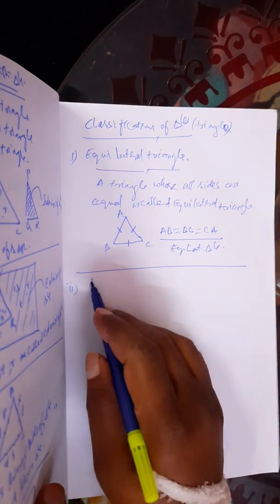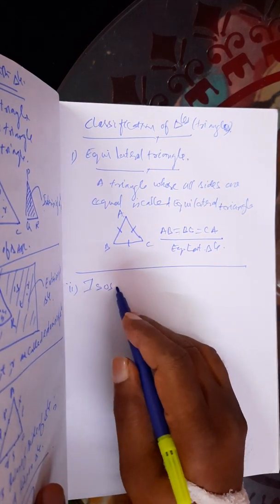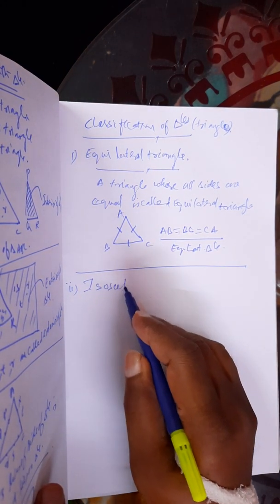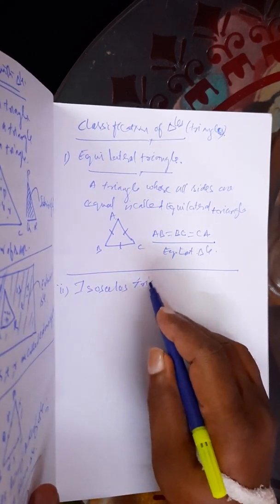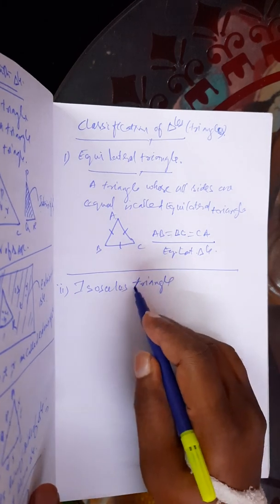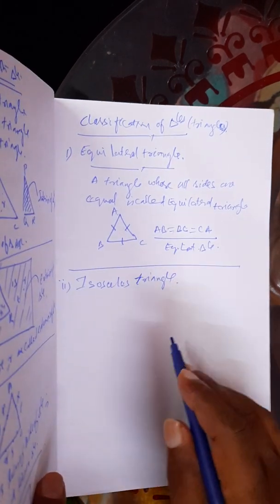Now second, the isosceles triangle. What is an isosceles triangle?